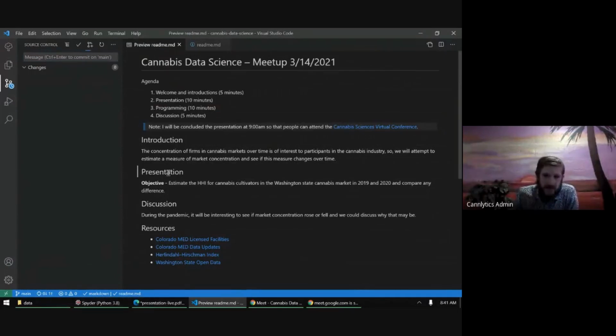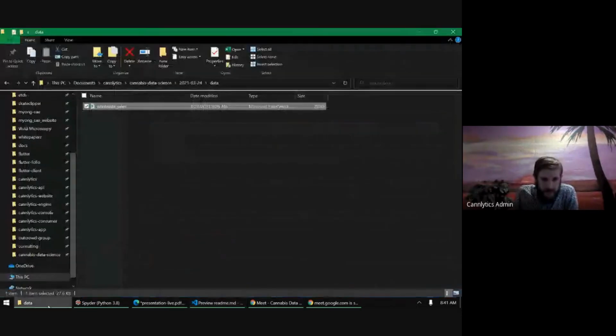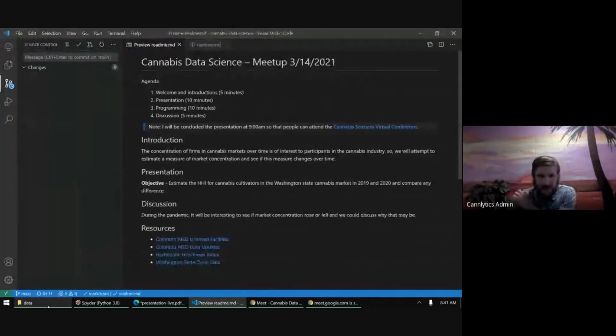This will be available on the Cannabis Data Science GitHub in just one second. Essentially, we're going to attempt to measure the market concentration, and we're going to do it in Washington State.